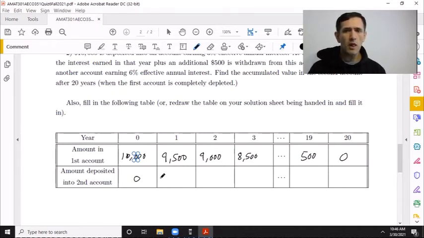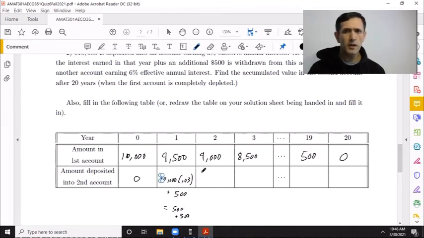Okay, so for this one here, you deposit interest into the second account. So it's 10,000 times 0.03 plus 500. Okay, so that's going to be equal to 500 plus 300.